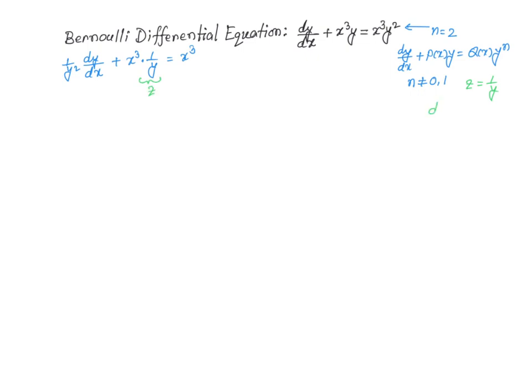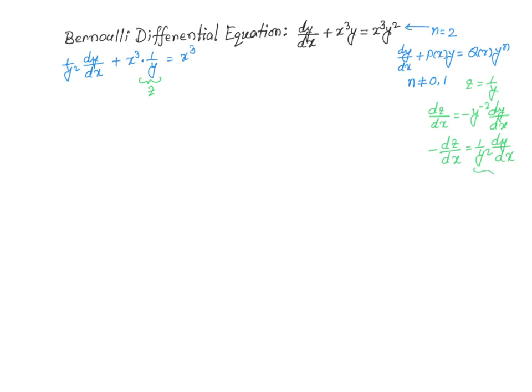That gives me dz over dx is equal to negative y to the power negative 2 dy over dx. If I simplify it further, dz over dx is equal to negative 1 over y squared times dy over dx.